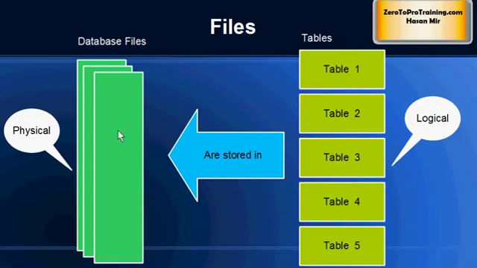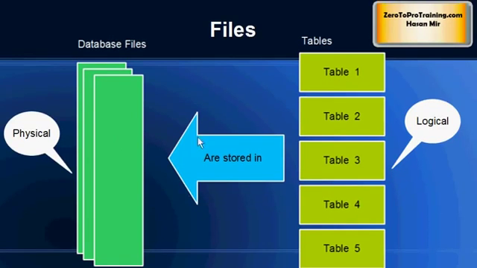There is not a one-to-one relationship between database files and tables in most databases like Oracle. How data is stored in the database files is not really a problem for us. It's more of a problem for the database management system. So all the complexity is under the hood. For us, data is neatly stored in tables.